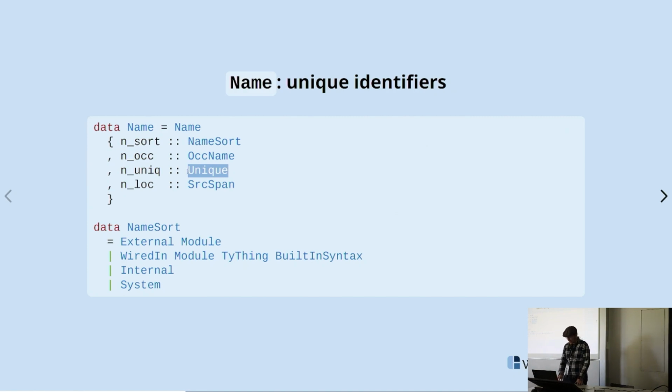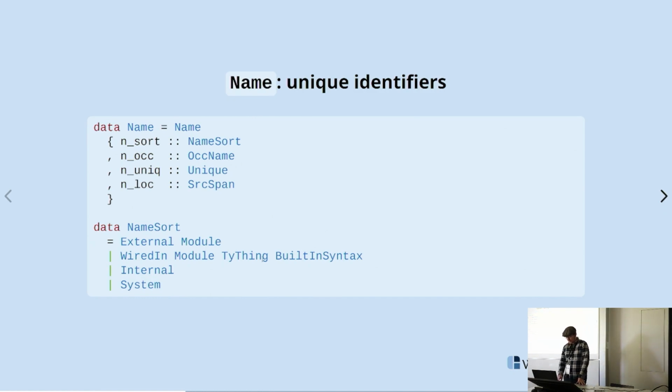And then there are a few other pieces of information attached to the name, like where it was defined, what line and column in which module. And then what kind of name it is. You generally don't have to think so much about it. I don't think I even know what the difference is between internal and system.